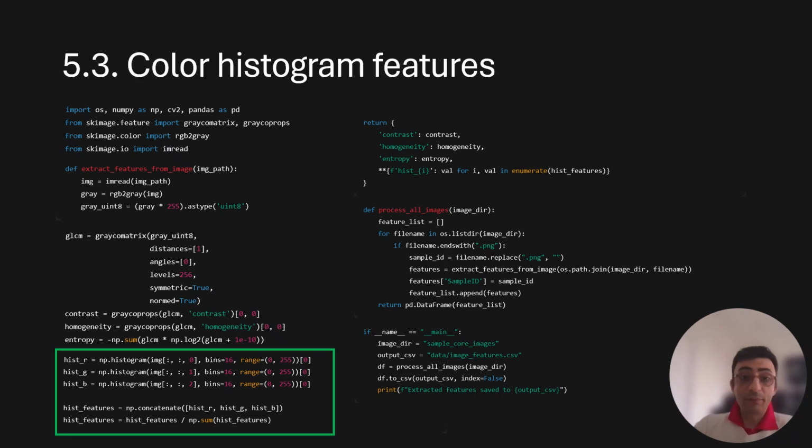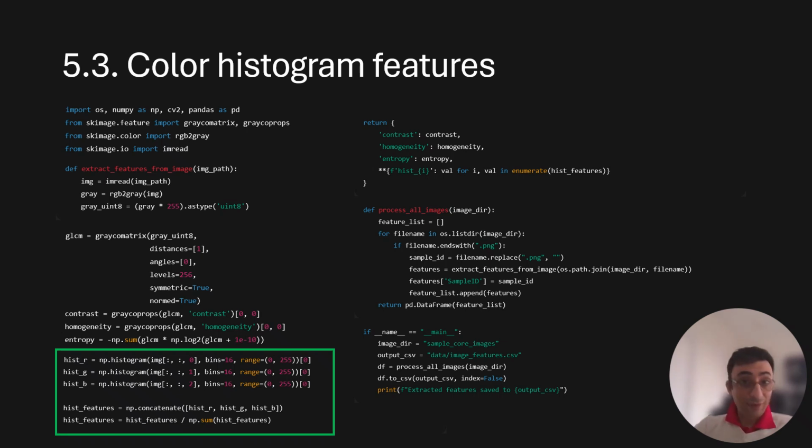Then we do color histogram features. Extract each channel: 0 is red, 1 green, and 2 is blue. np.histogram with 16 bins, range from 0 to 255. It counts how many pixels fall into these 16 intensity bins.